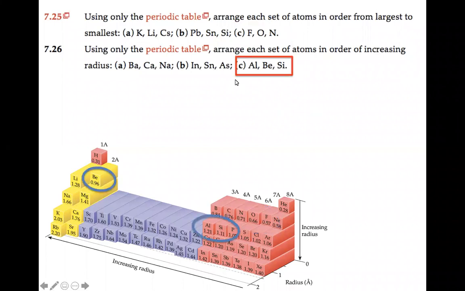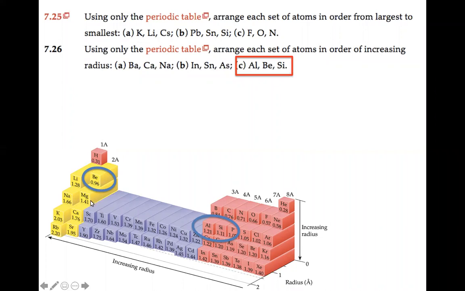How about this group right here? It's asking for ones where it's not quite as easy. I see beryllium, aluminum, and silicon. What would be a way to make a prediction on this one? This would be one very typical exam question when you'd need to make a prediction. In order to make a prediction about the size on this one, let's think back to what the aspects of the explanation are.